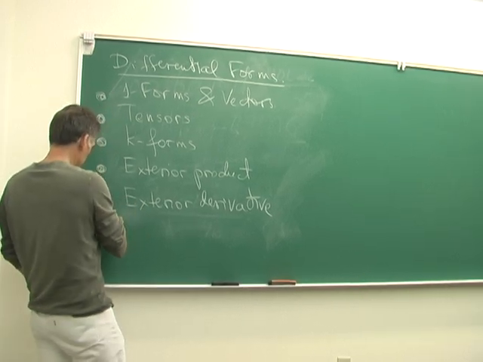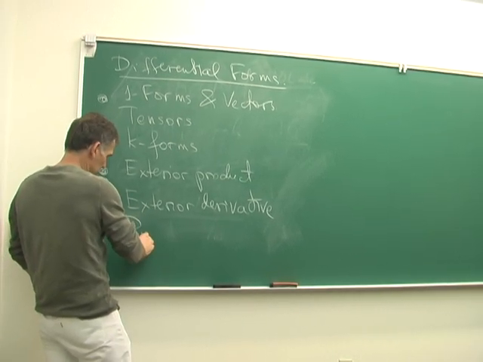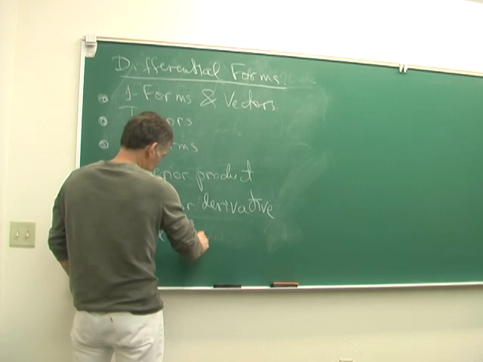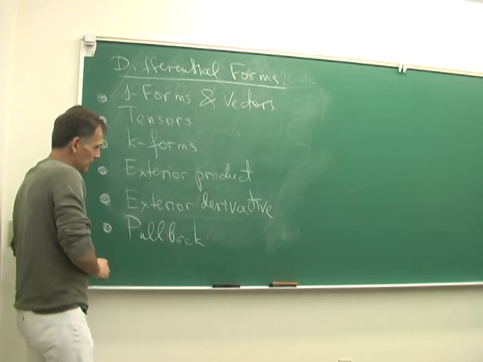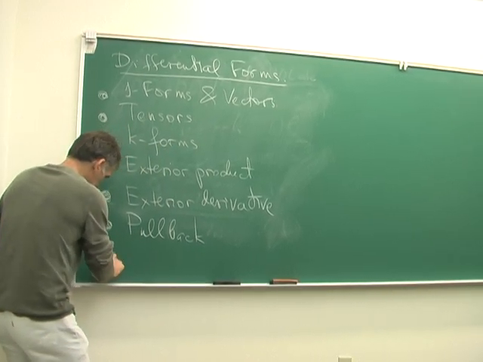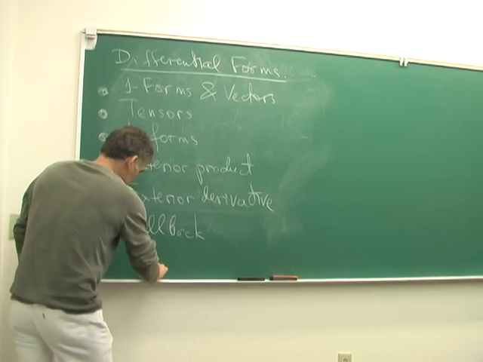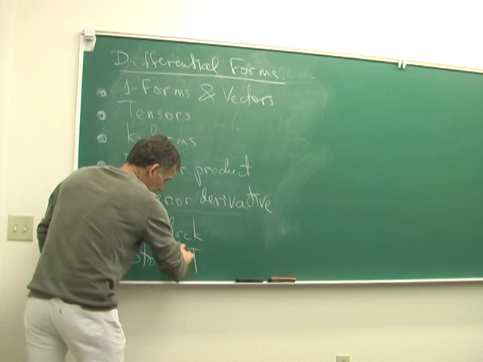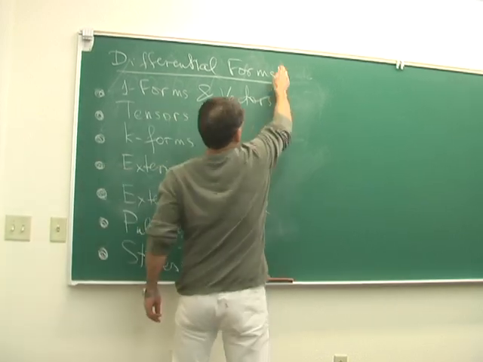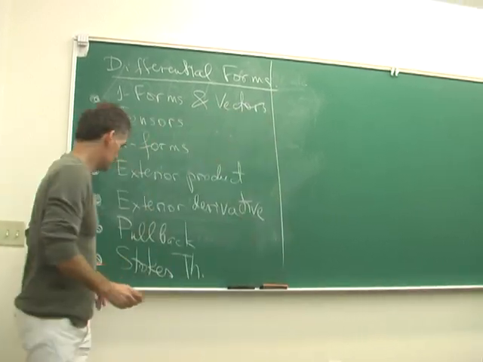Well, there is one thing that I missed. There's a pullback. I need to explain that. Then the most important thing here is the so-called Stokes theorem. So if time allows, that's what I will try to explain.